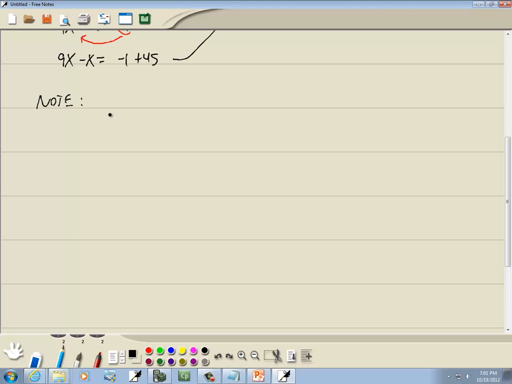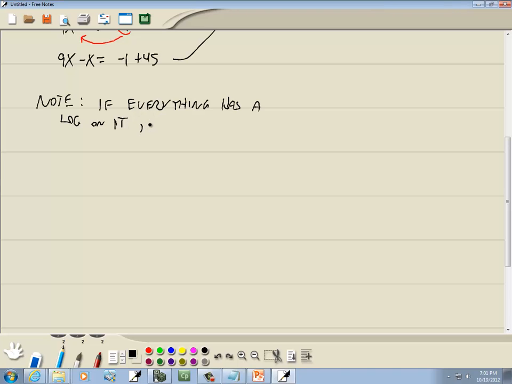if everything has a log on it, no matter what base, so it could be ln even.